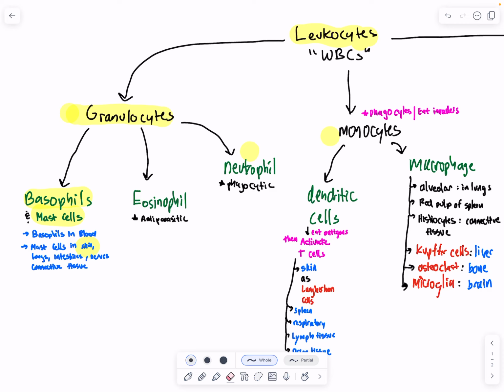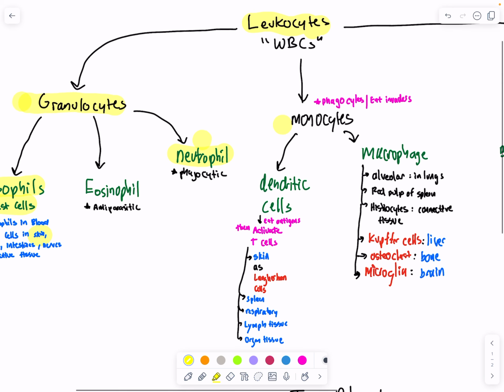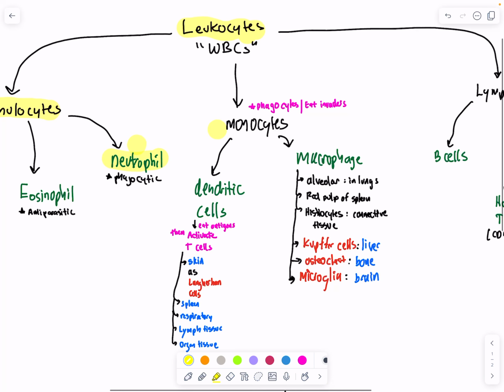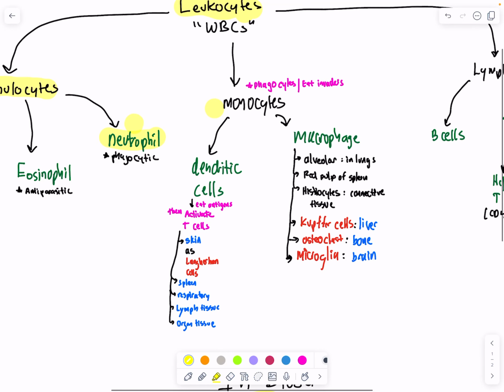Their antibacterial enzymes are what they have in their granules, but they also are phagocytic, which means they will go ahead and eat up the bacteria as well, so they can swallow the bacteria. All right, then we have our next branch of our leukocytes, our monocytes, and these are the traditional phagocytes, meaning they eat our antigens, our invaders.